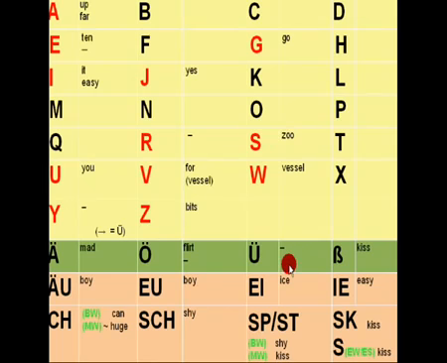And whenever there is an SK, we also don't pronounce it like in zoo, but like in kiss. And for SK it doesn't matter if it's at the beginning of the word or in the middle of the word. And finally the S, which is at the end of the word, which is why I wrote an EW, and the S, which is at the end of a syllable, which is why I wrote an ES. This S is also not pronounced like in zoo, but as well like the other ones, like kiss.